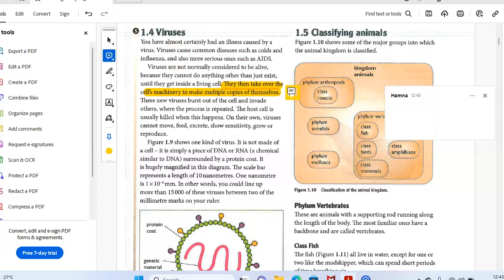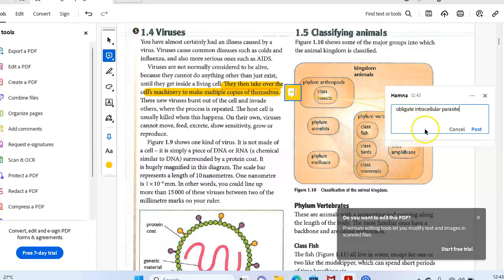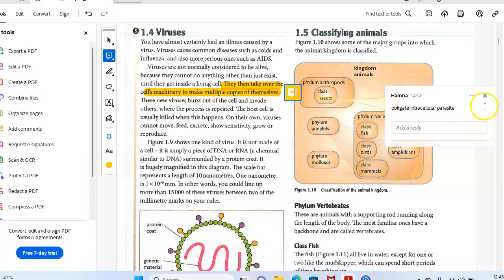So, they are obligate intracellular parasite. Make your notes like that in your book.